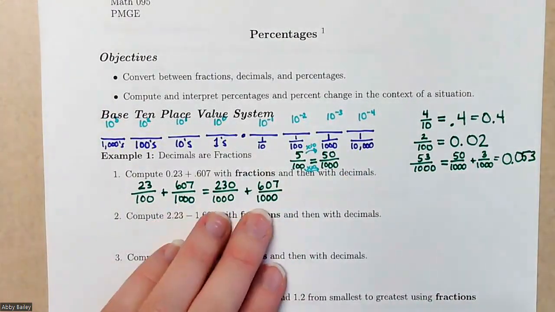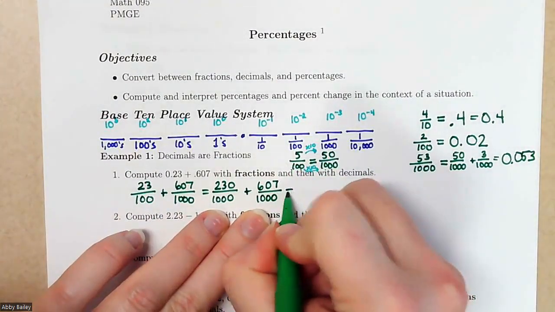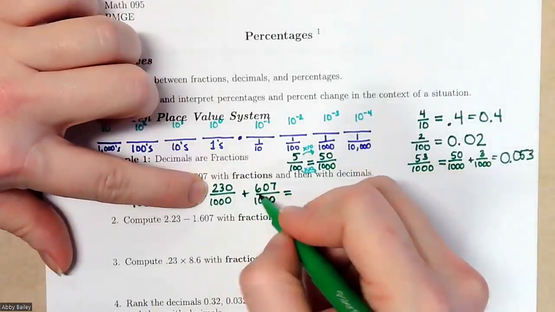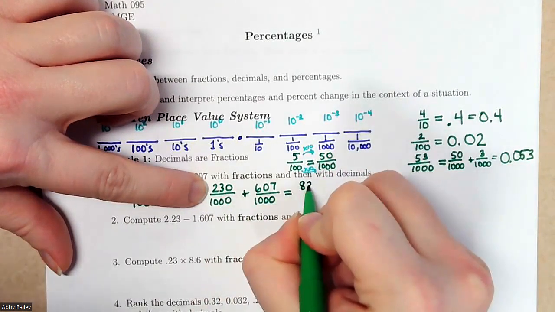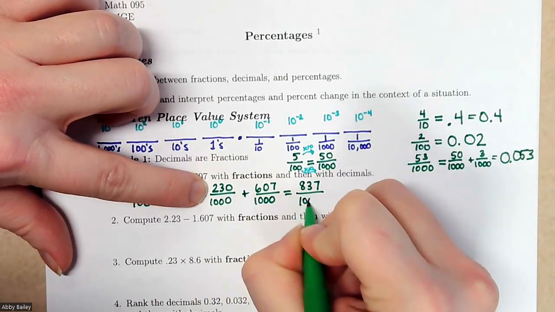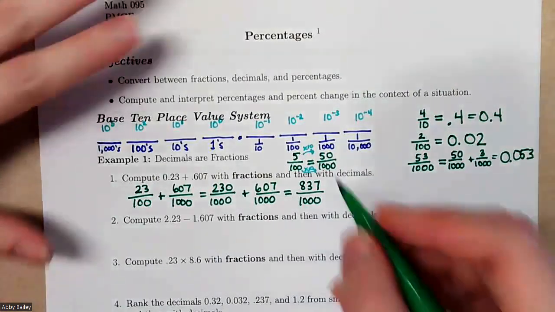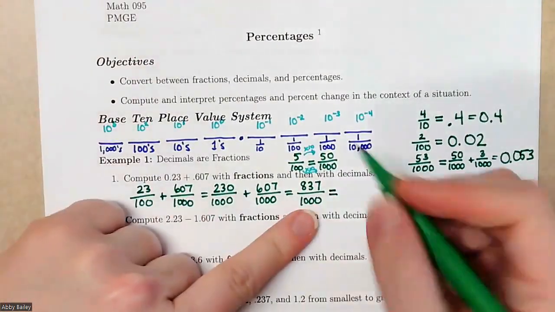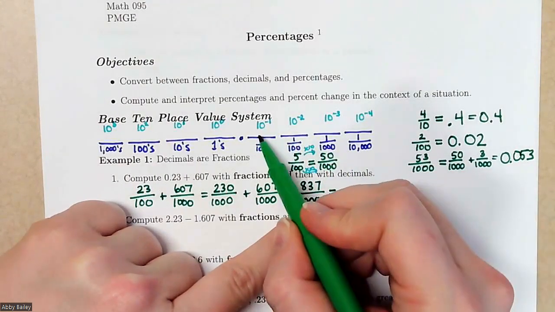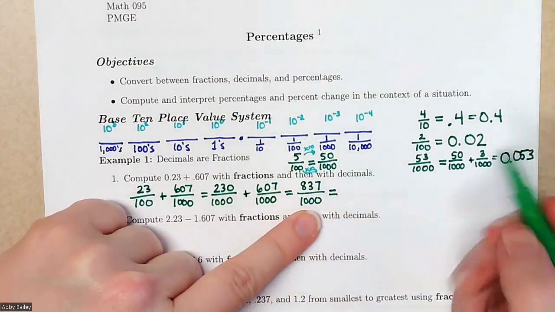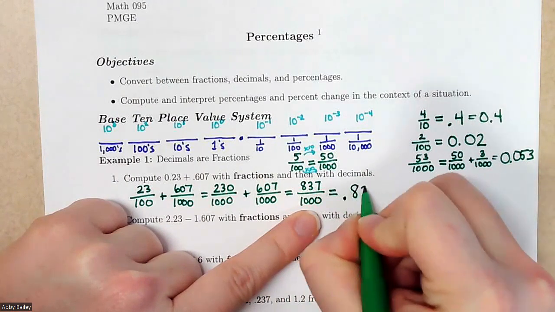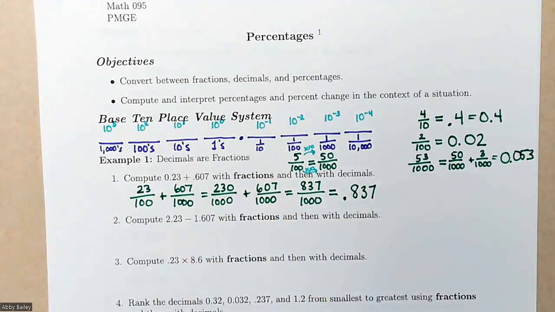So now they have equal portions, so we can add them. We get 837 1,000ths. And now if we're going to rewrite that as a decimal in the 1,000ths, 837, so 0.837.